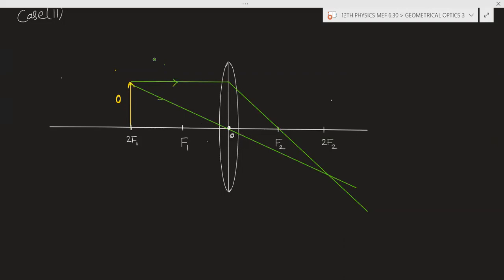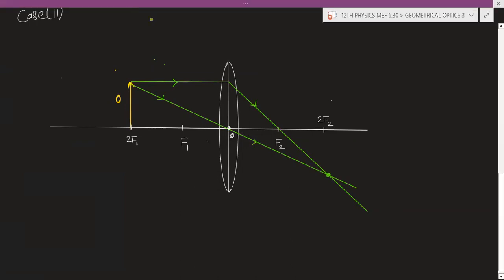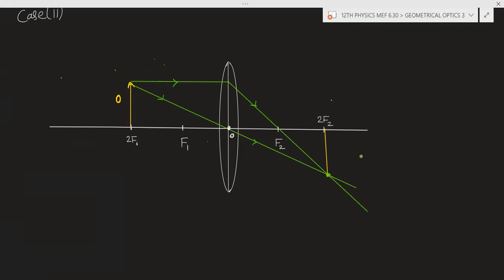Now see where both the refracted rays are meeting. Here, these rays are meeting. So this will be the image at 2F2.